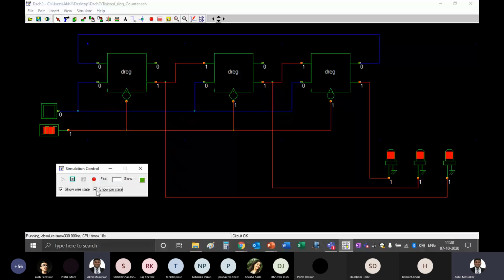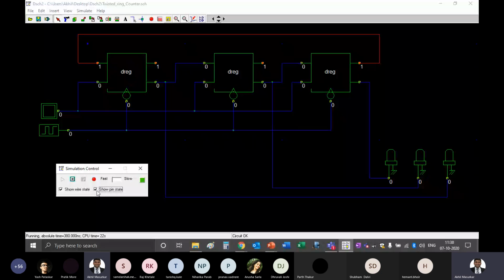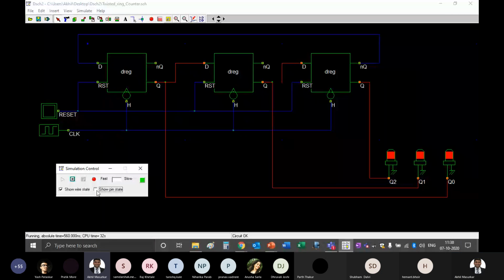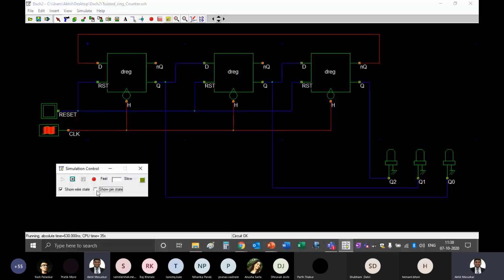I'm just keeping the pins on. Just slow the clock.